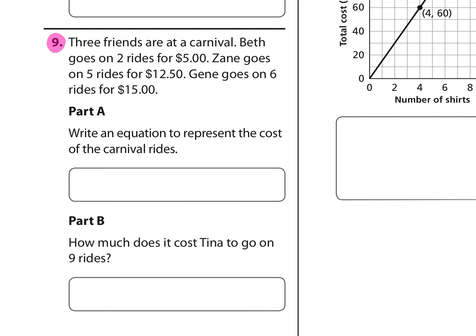Number 9, 3 friends are at a carnival. Beth goes on 2 rides for $5. Zane goes on 5 rides for $12.50. Jean goes on 6 rides for $15. Write an equation to represent the cost of the carnival rides.